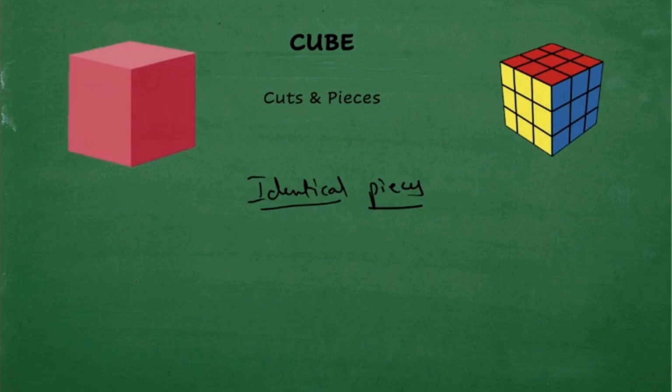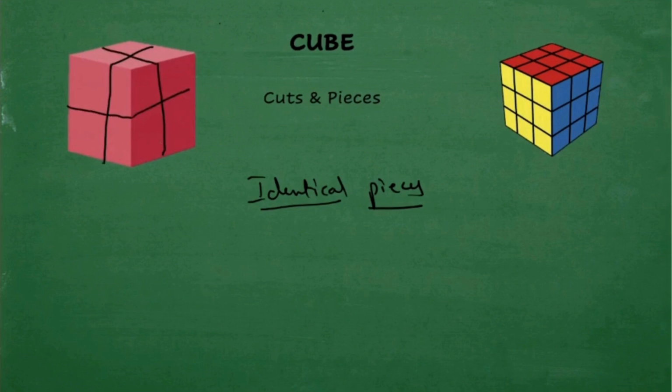To have identical pieces, the cuts are made on the axes, or you can call them planes, or directions. The cuts will have to be made in the three directions or three planes, which you call the x-axis, y-axis, and z-axis. Like here is the cube. The cuts will either be in this direction, or this direction, or this direction.